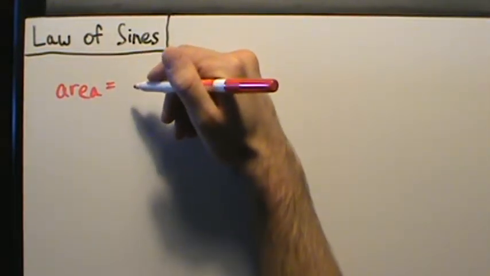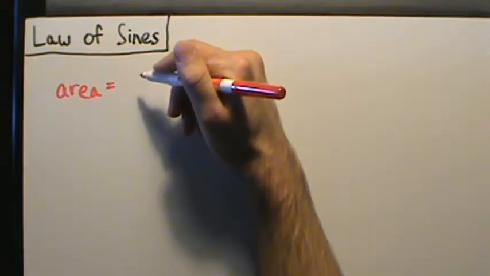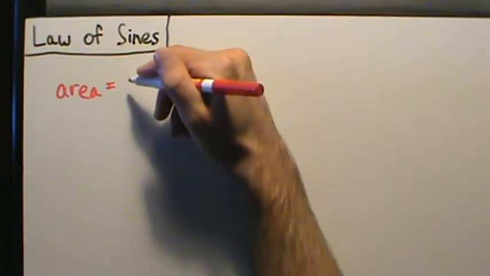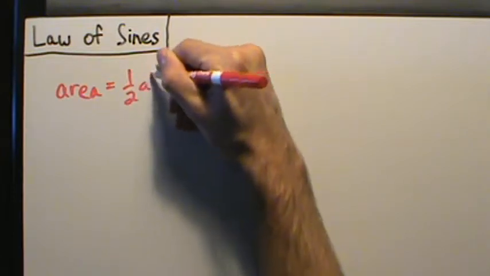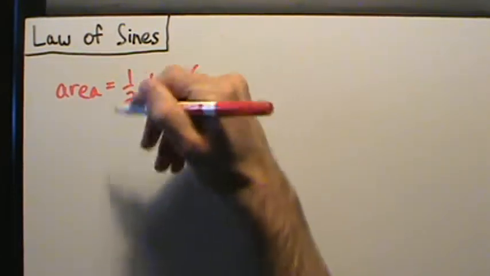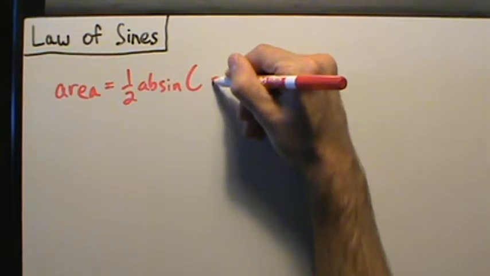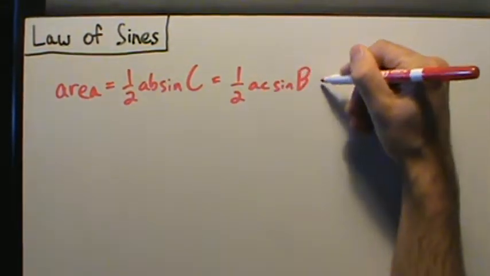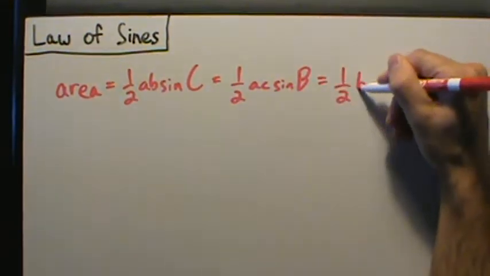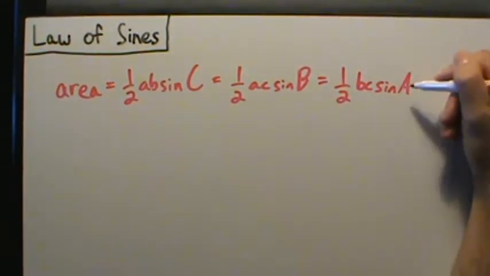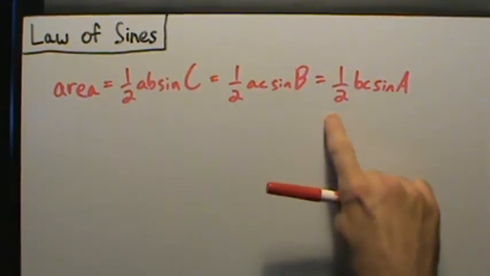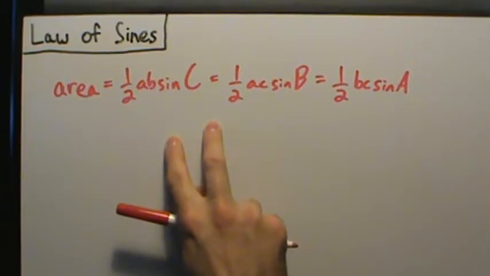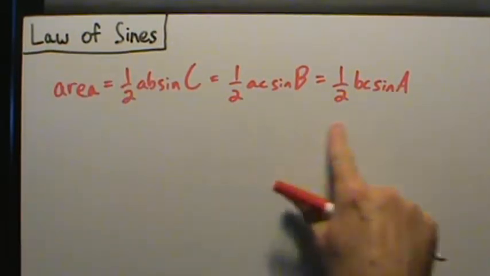If you have sides little a, little b, and little c, and corresponding angles capital A, capital B, capital C, then the area of the triangle is 1/2 ab sine C, or 1/2 ac sine B, or 1/2 bc sine A. We talked about these formulas a couple videos before this one, and the law of sines actually follows pretty directly from this formula.